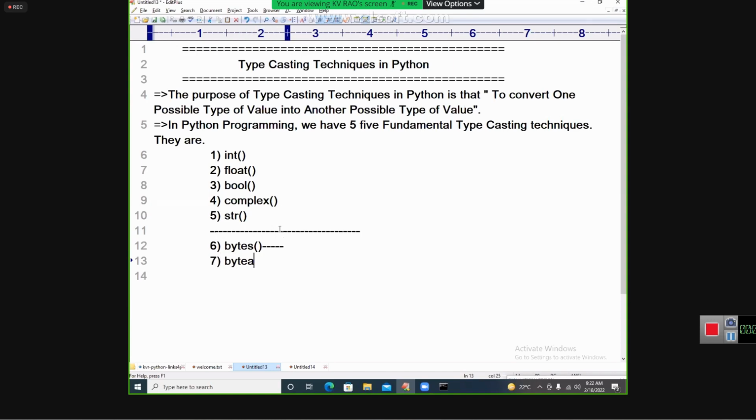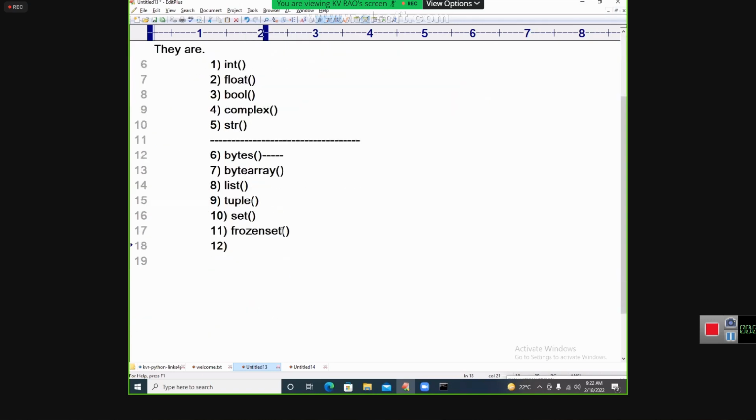The eighth, list of. The ninth, tuple of. The 10th, set of. The 11th, frozen set of. And the 12th, dict of, you have seen like that.